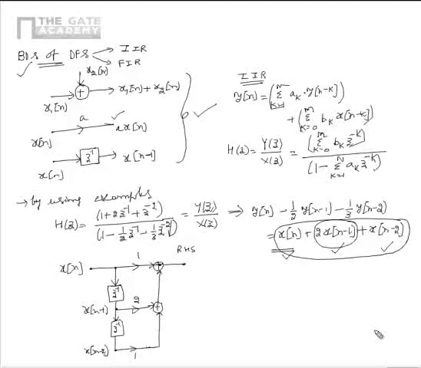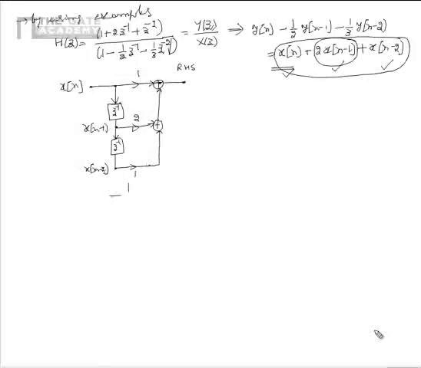Also please note that the filter structure that we realized so far corresponds to 1 by 1 minus 1 by 2 z inverse minus 1 by 3 z power minus 2. So this corresponds to the denominator polynomial, say 1 by A of z.